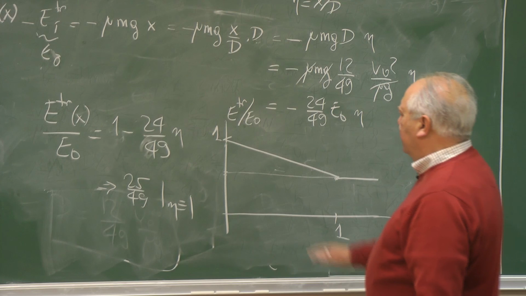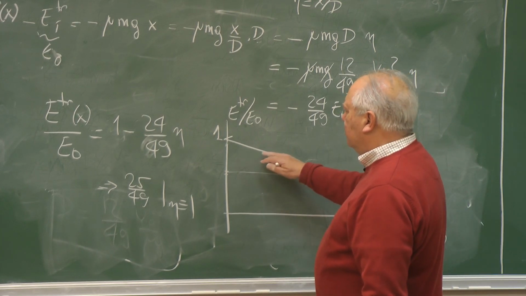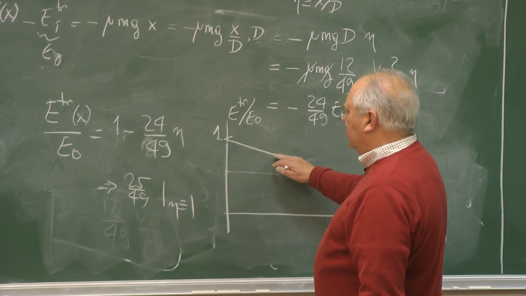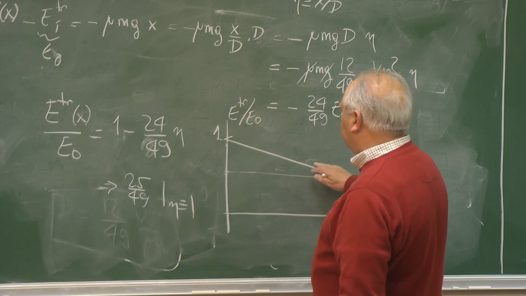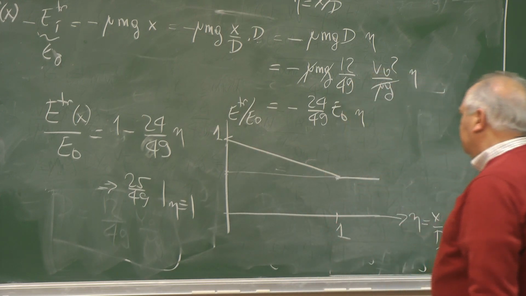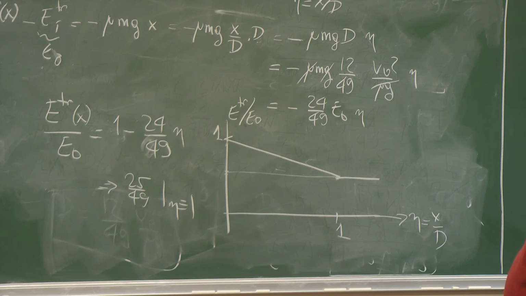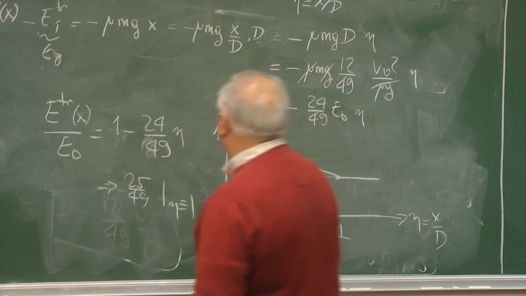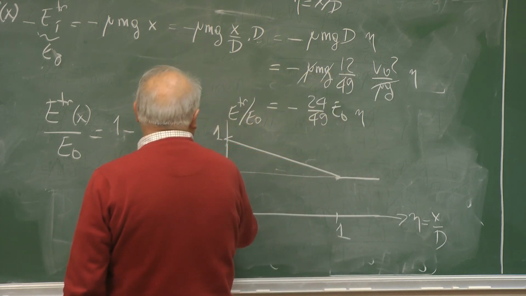So the velocity is dropping, translational mode is losing energy in this way, and friction is doing negative work and eating up the energy of the translational motion and reduces it down to 25 over 49.